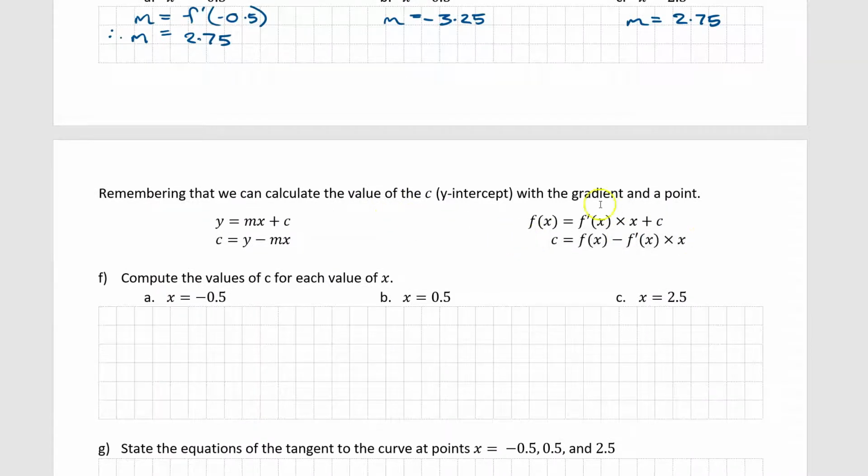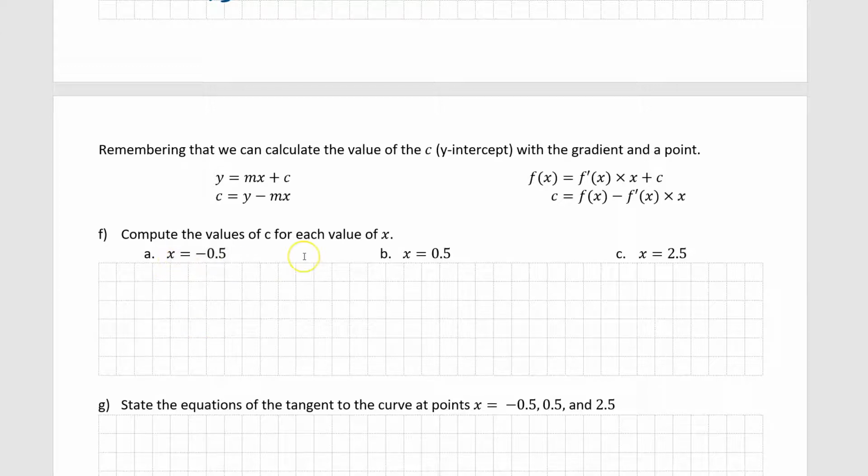Now, if we want to arrange it in terms of the original function and the derivative, then it's f of x equals f dash of x times x plus c. And then we can rearrange to solve c as f of x minus f dash of x times x. So computing the values of c when x equals negative 0.5, it's simply a case of going c equals y minus mx, and that's the same as writing f of x minus f dash of x times x.